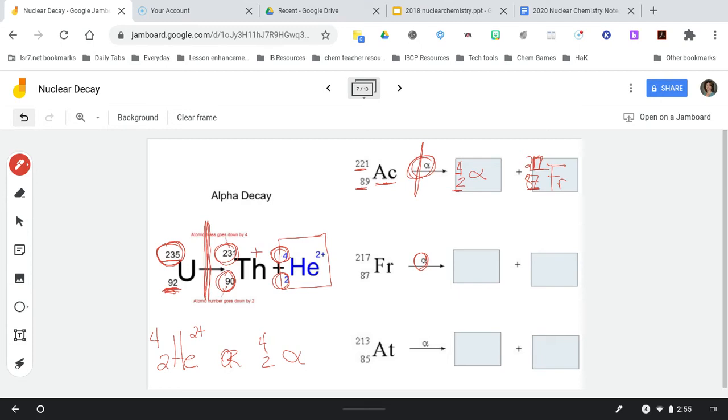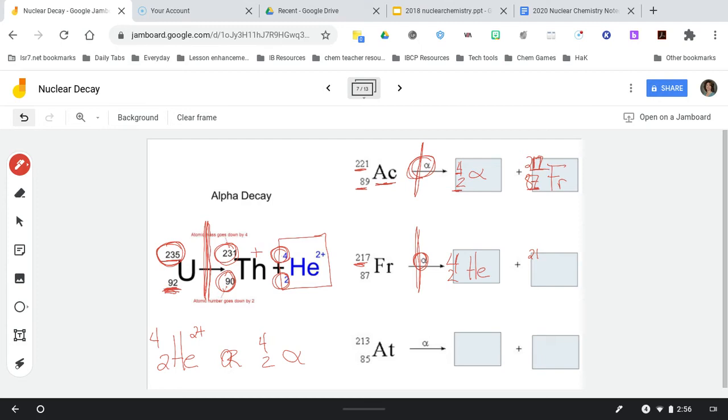So let's continue with 2 more examples, and then we'll move on to beta decay. Francium-217 is my next particle. Again, I see it's undergoing alpha decay, so I know that my first particle is going to be an alpha particle. So I've got 4/2, and I know it's a helium nucleus. Now I have to figure out my second particle. 217 is the target on the left.